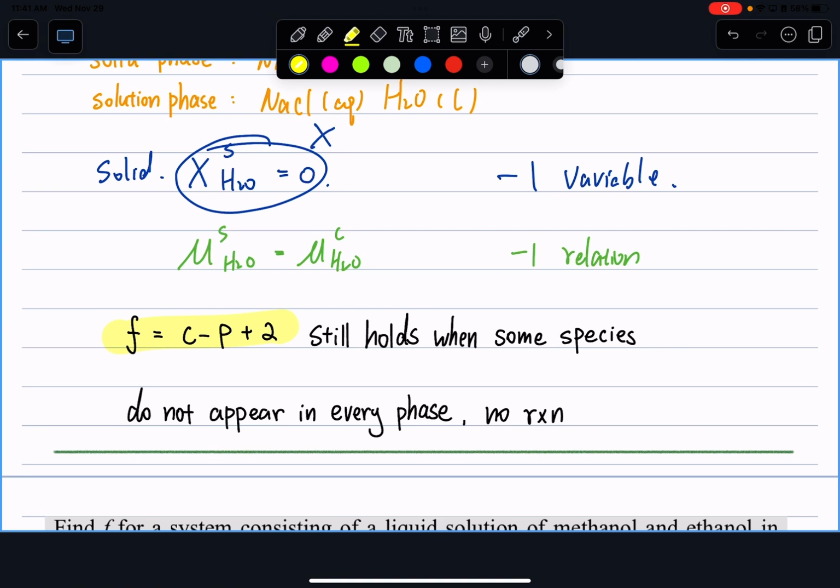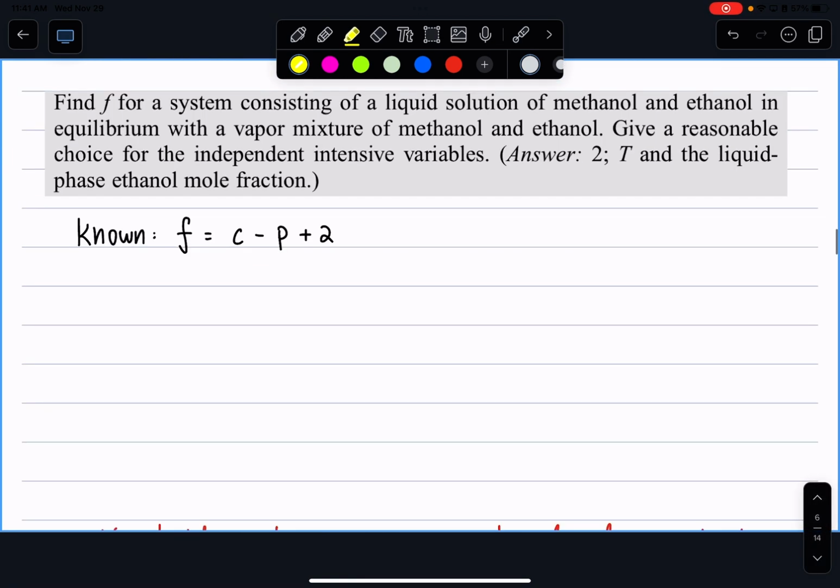Okay? So some of the examples we can do is, for example, we give you a specific system and ask you to find the degree of freedom considering a liquid solution of methanol and ethanol in equilibrium with a vapor mixture of methanol and ethanol.